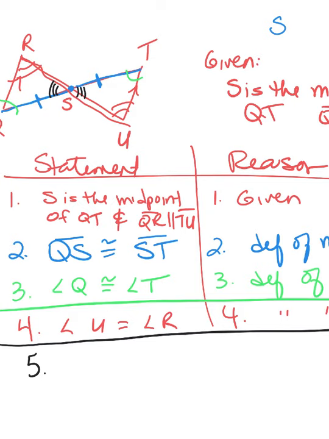And if you pick the vertical angle, you could say angle side angle, because it would be a different reason. So your proofs could look differently. Let's write this down. Angle RSQ is congruent to UST. And that's definition of vertical angles, right?